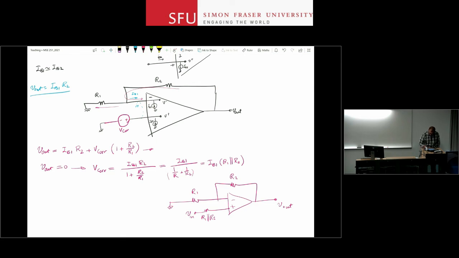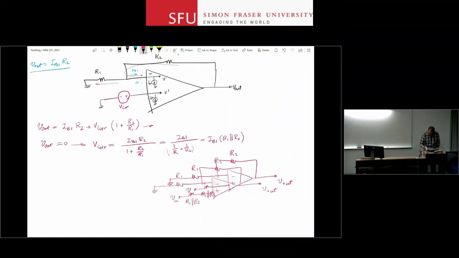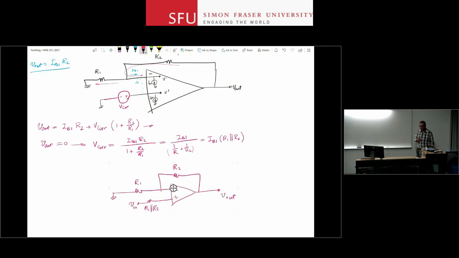Right? Now, if you notice, I will automatically produce the right amount of the correction voltage at that second input, as long as IB1 and IB2 are more or less the same, which is a good assumption.